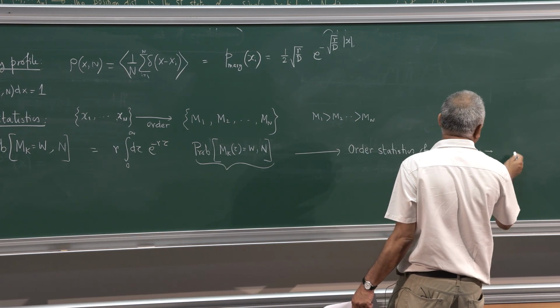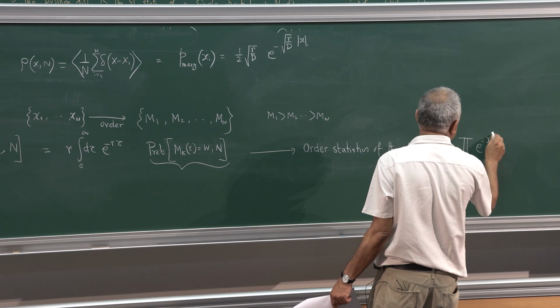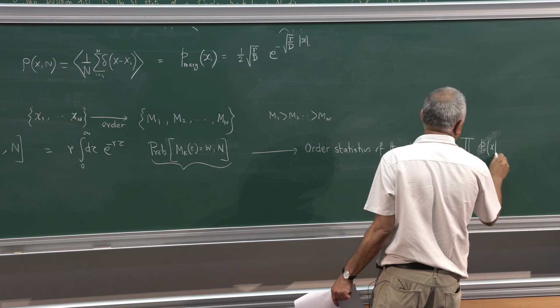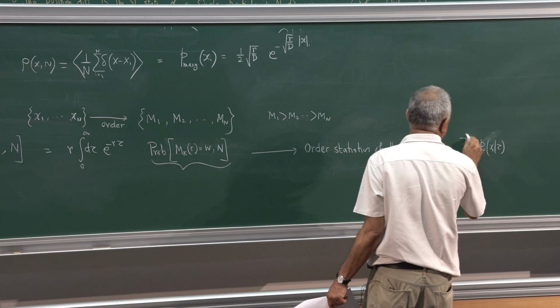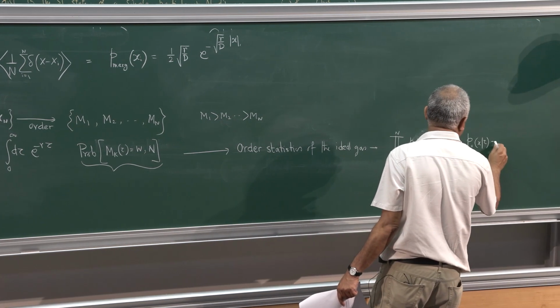Meaning IID variables which are drawn from this, let's call it P0 of x tau, psi tau, where this P0 of x tau is just a Gaussian.